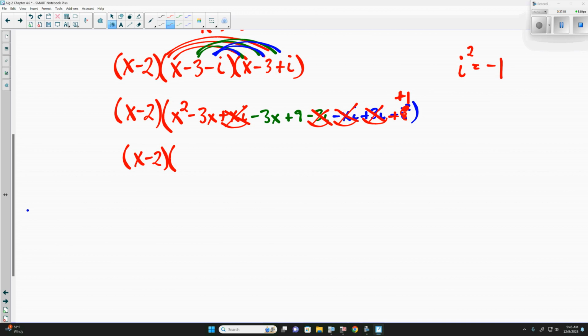And for the most part, and I go over this in trigonometry and pre-calculus and above, i squared is negative 1, so it's really just changing the sign in front of that term. So it had been negative 1i squared, now it's just plus 1. Now we can combine our other terms. We just have x squared, our negative 3x minus 3x is negative 6x. 9 plus 1 is plus 10.